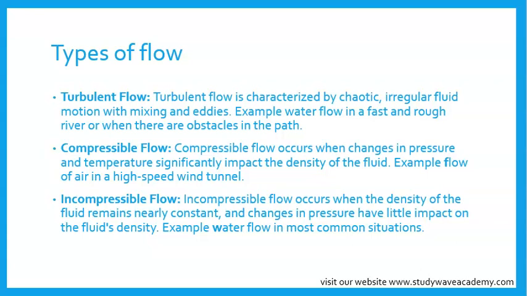Turbulent flow is when water moves chaotically with swirls and eddies, like in a fast, rough river. Just like when you're stirring a cup of hot chocolate vigorously. The swirling motion represents turbulent flow. Do we get that?